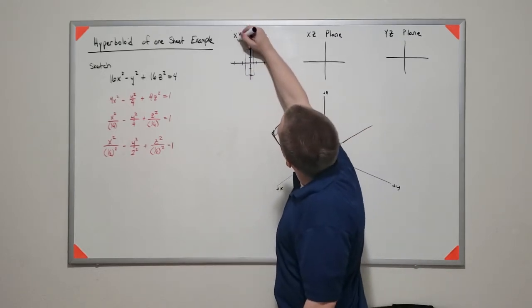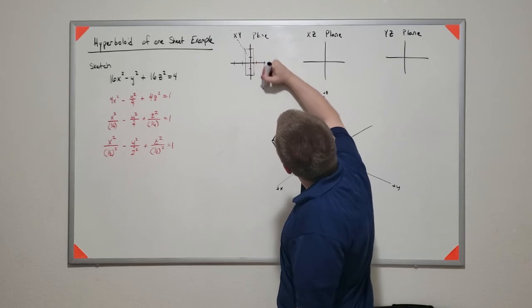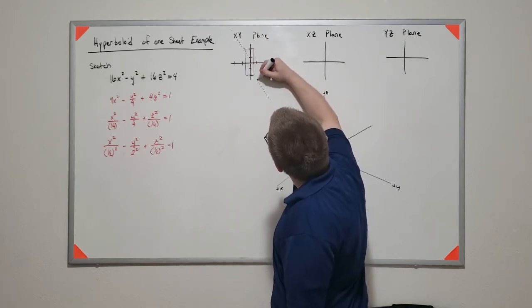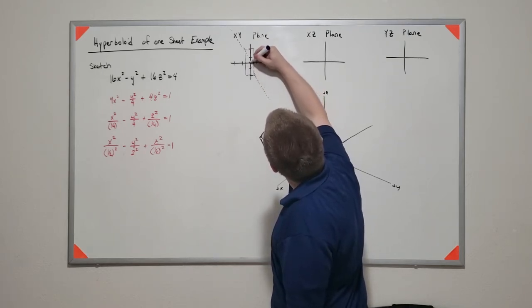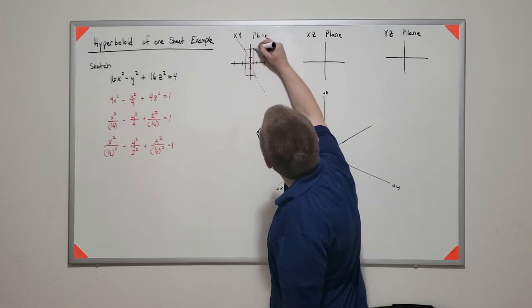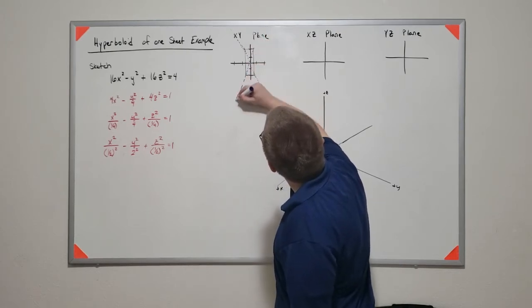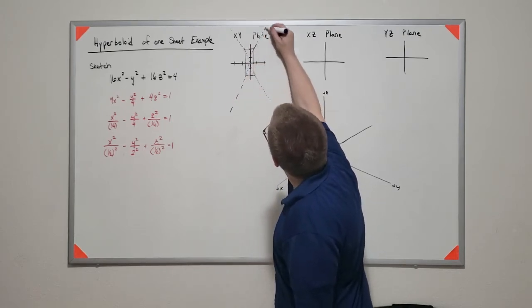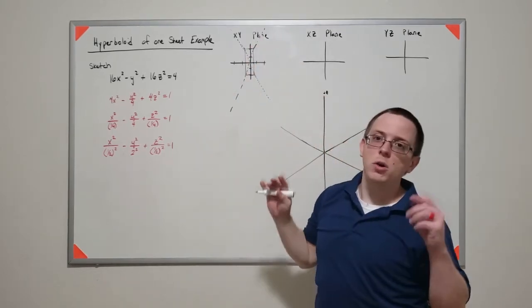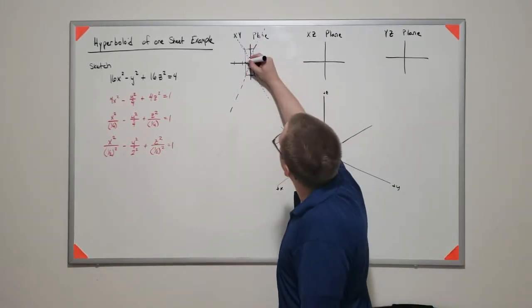So, well, if I can do it right, you have your asymptotes go through the corners of the box.